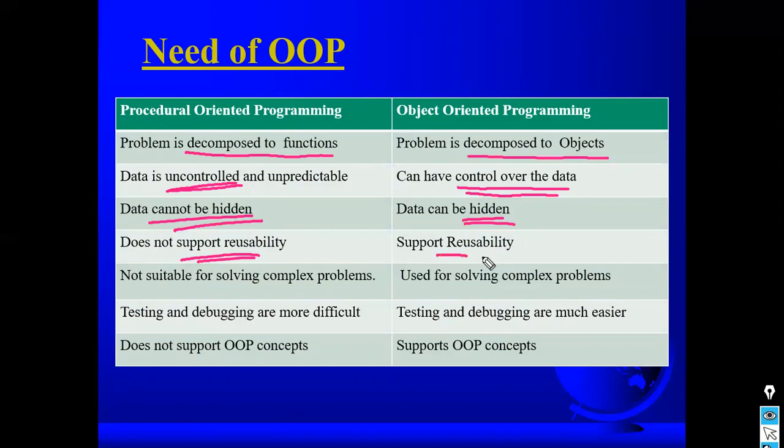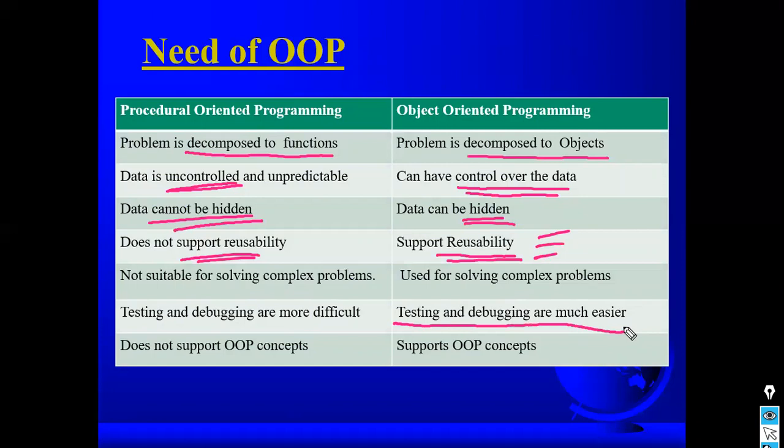whereas object-oriented programming language supports reusability. With reusability, it's not necessary to write the same code multiple times. We can write the code once and reuse it whenever necessary. This releases the excess burden on programmers, and it also makes testing and debugging easier.